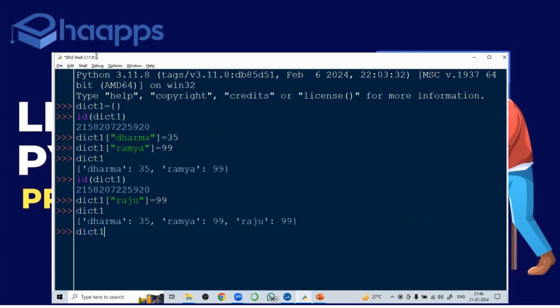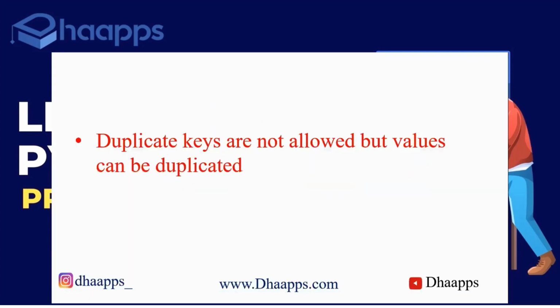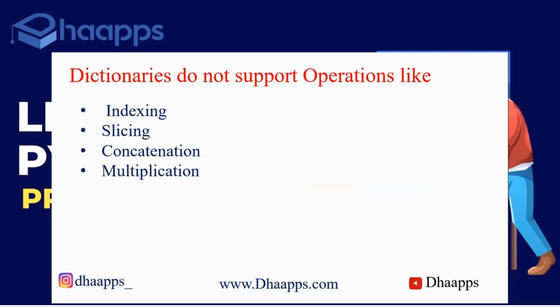But if I take Dharma, the same key again, and give it 99, it will overwrite the previous 35. You cannot have duplicate keys, but values you can.